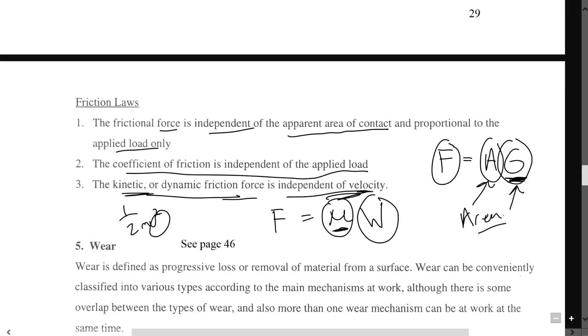Independent meaning what? I should say all along, this friction law, they are talking about regardless of the amount of load that you put in. No matter how you put in the load, or no matter how much area of contact you have, at the end of the day it is about the coefficient of friction.